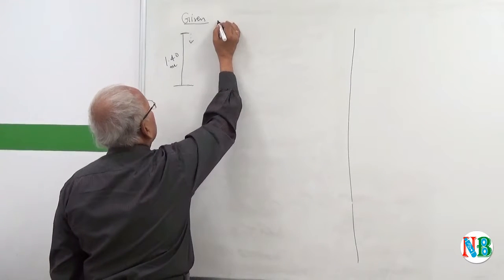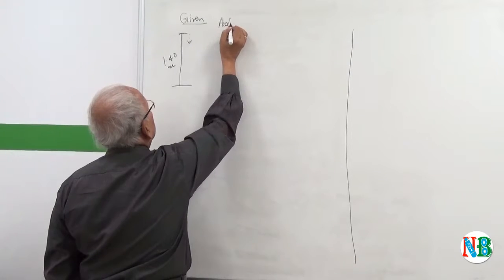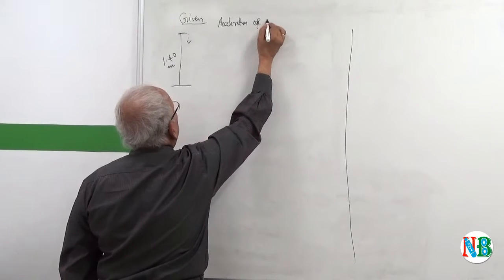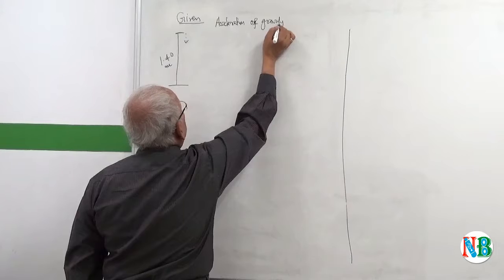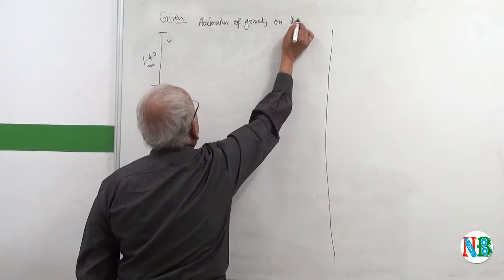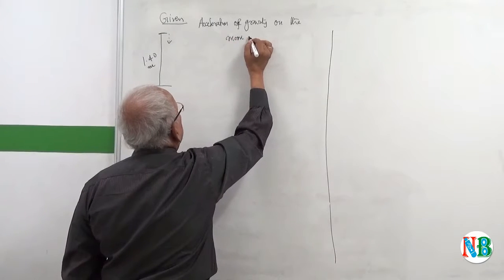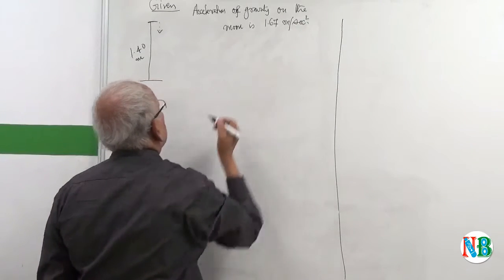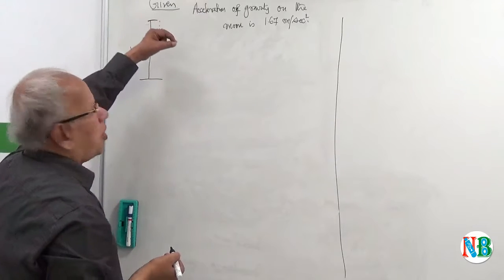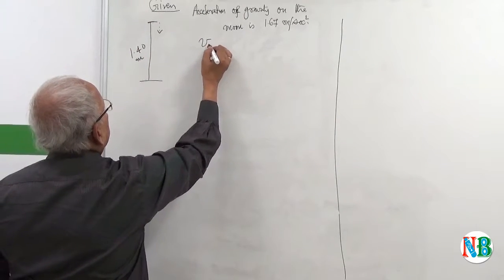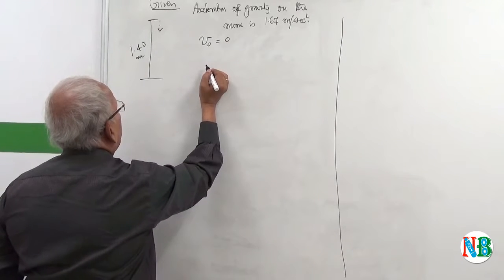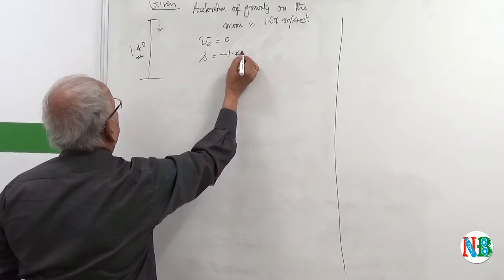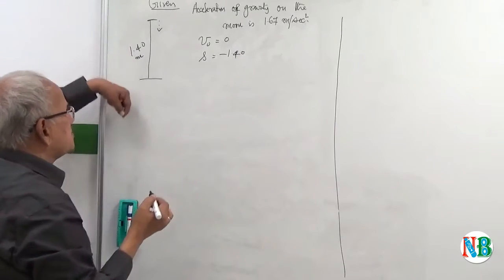So the acceleration due to gravity on the moon is given. The ball is dropped, that means the initial velocity is 0, and the distance s is, let me write, minus 1.40 to indicate that it is falling down.